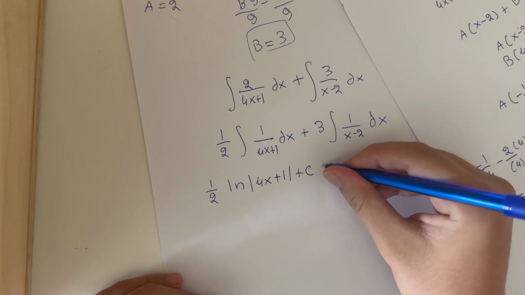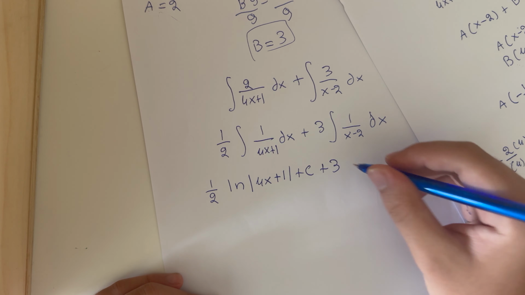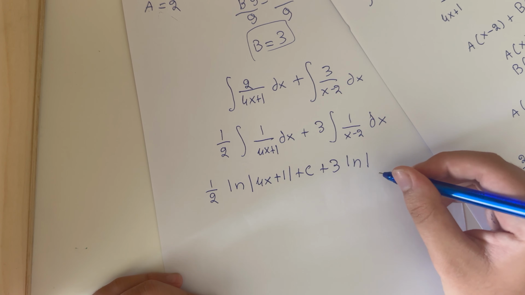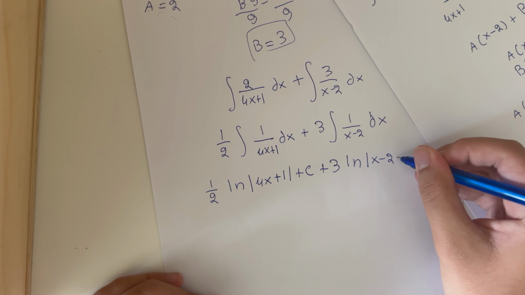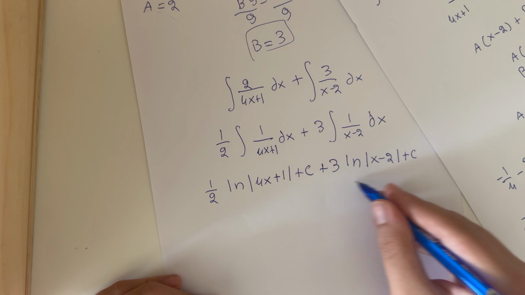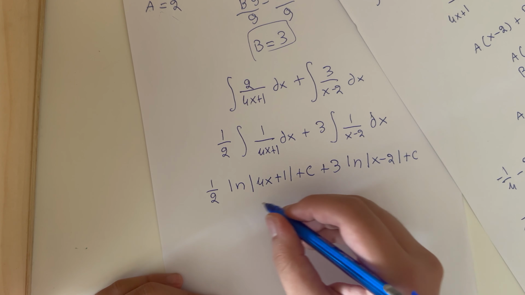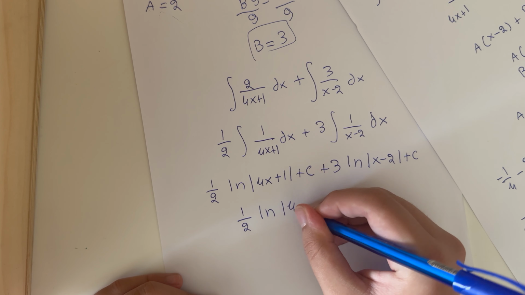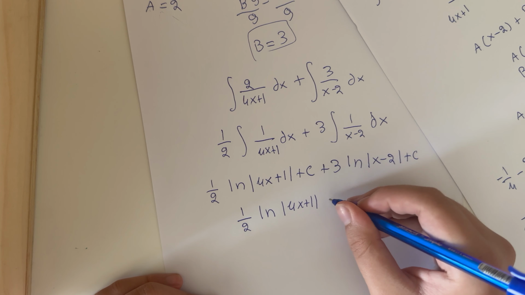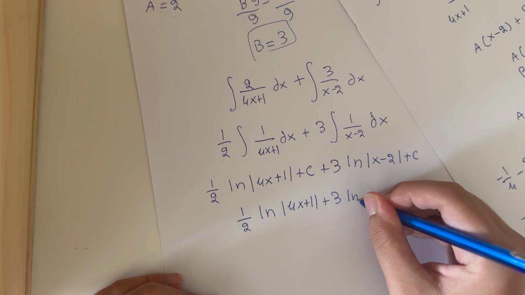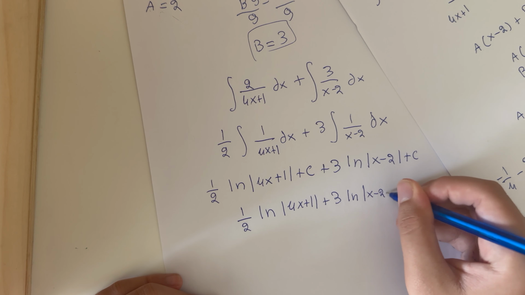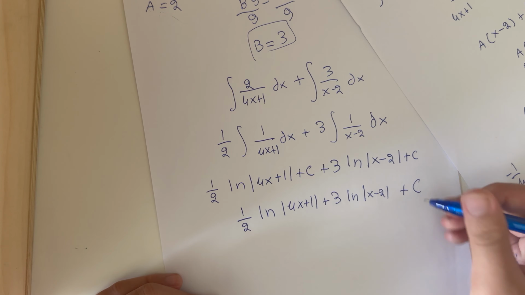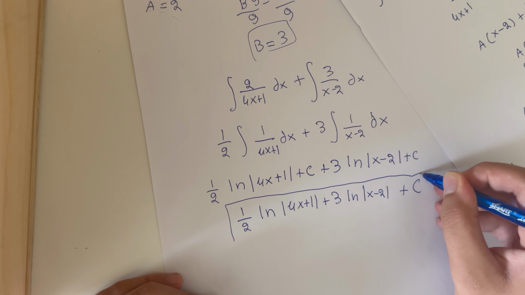And then we have plus 3 times the natural log of the absolute value of x minus 2, plus C. And I'm just going to add these constants together to make another constant. So we have 1/2 times the natural log of the absolute value of 4x plus 1, plus 3 times the natural log of the absolute value of x minus 2, and we have a big plus C at the end. And this is our answer.